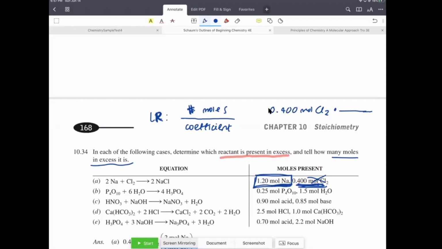So what goes on the top and what goes on the bottom?